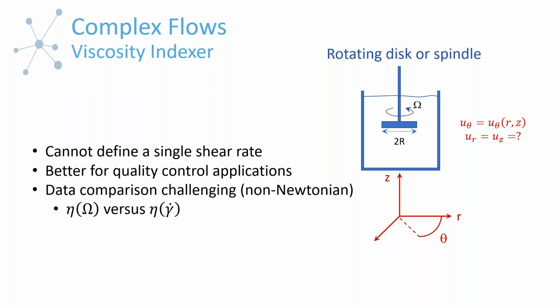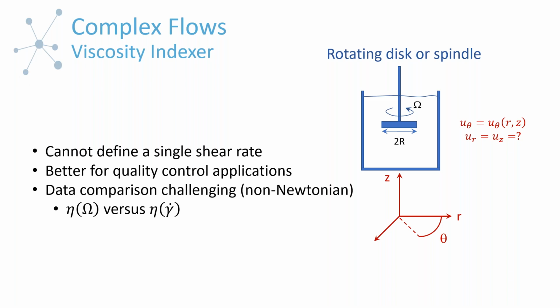It's harder to interpret in a theoretical sense. However, it's still perfectly useful to monitor things in a quality control environment. It does become challenging, though, if you want to start comparing data from this type of instrument for non-Newtonian samples on instruments that we've just discussed, where you do have a well-controlled shear rate.